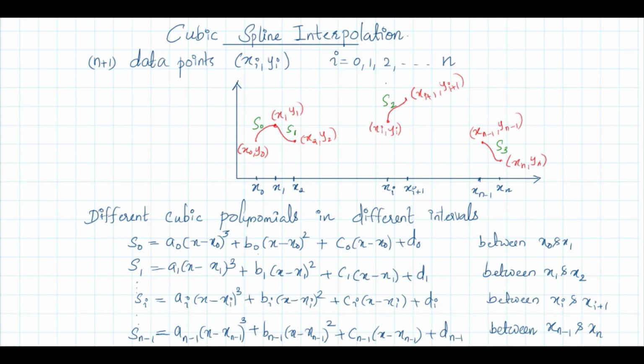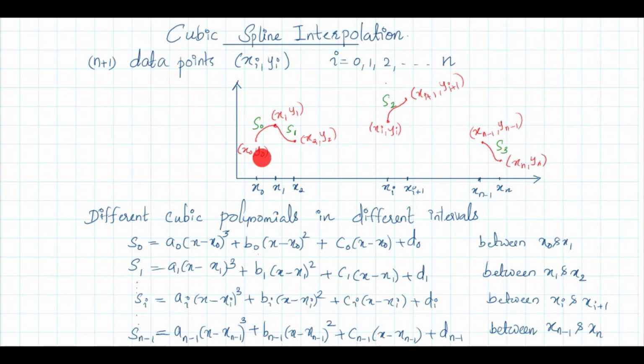So what is the most general form of a cubic polynomial? S0, I can write it as a0 into x minus x0 whole cube plus b0 into x minus x0 whole square plus c0 into x minus x0 plus d0. The leading term is x cube, then we have terms x square, x and a constant term. So this is the general form of a cubic polynomial.